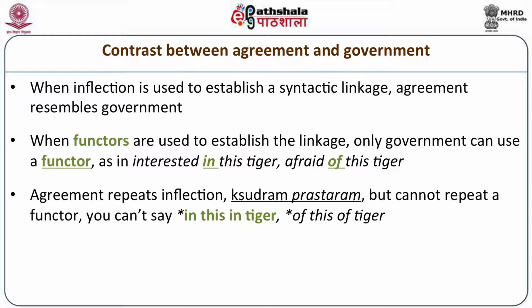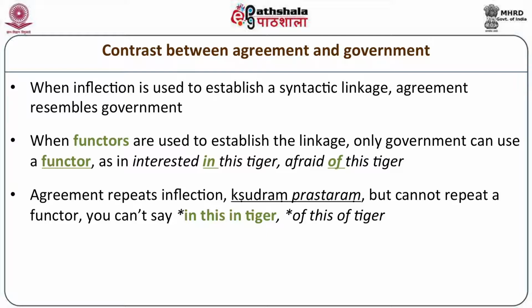You get, he is interested in this tiger. You don't get, he is interested of this tiger. You get, he is tired of this subject. You don't get, he is tired in this subject. So, tired governs of. Interested governs in.